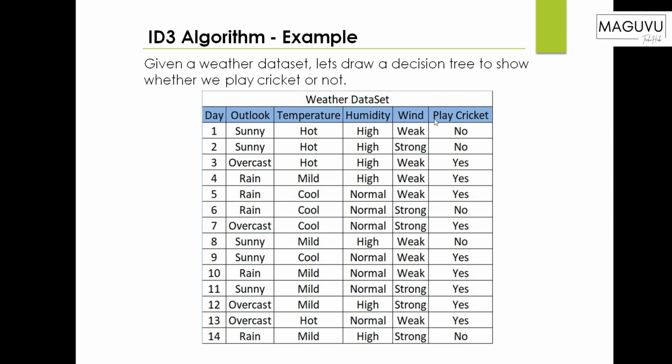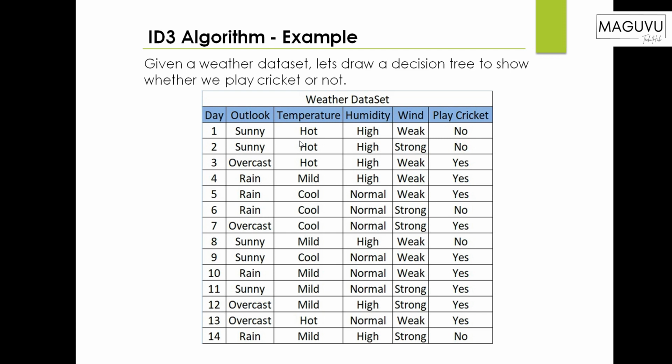Once we have identified the target variable, we then calculate the entropy of the target variable, which is the whole dataset. And then from there, we can go on to calculate the entropy of each of the 4 attributes to determine which attribute gives us more information, and that attribute we then make it a root node. This is our next step.